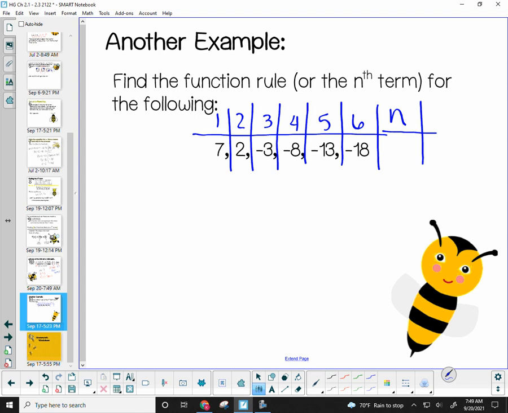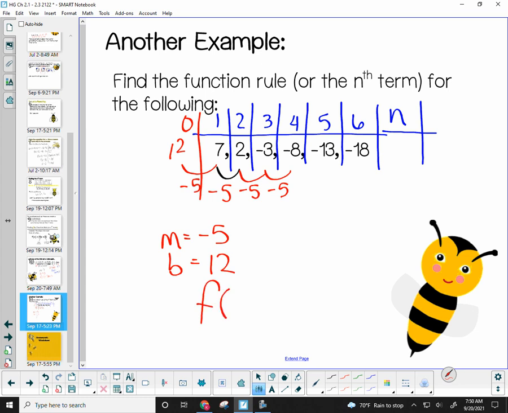So reading left to right, how is it changing every time? It's going down by 5 every time, so -5. Is that okay? So my slope is -5. I also now need to work backwards to find my 0 term. So what did they have to subtract 5 from in order to get 7? 12, so my b value is 12.